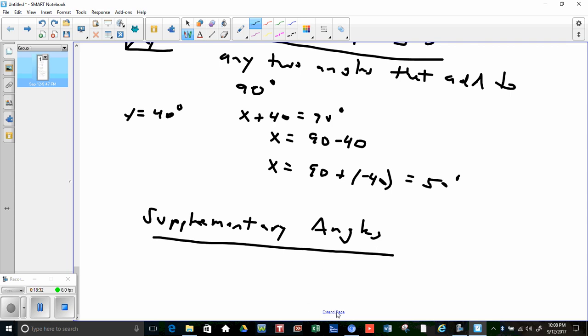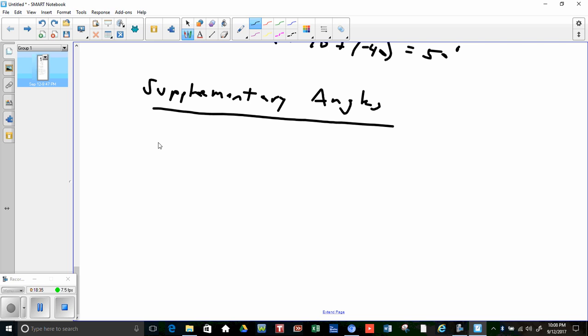And supplementary angles, we're not going to actually do an example of this, but the idea is that supplementary angles are any two angles that add to 180 degrees.